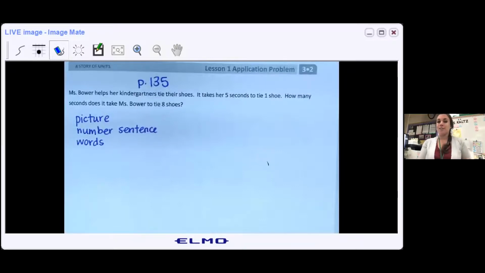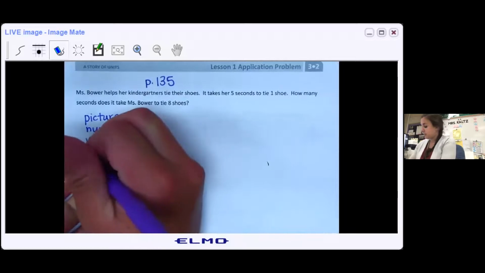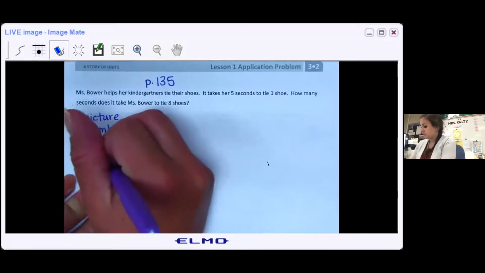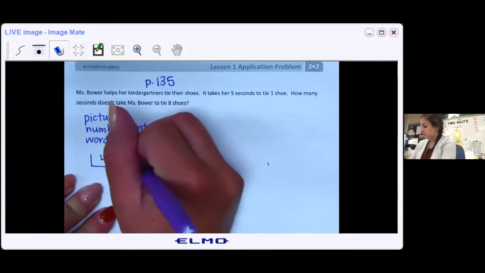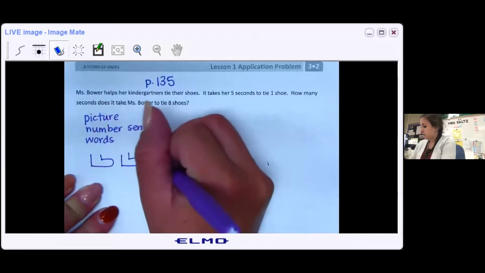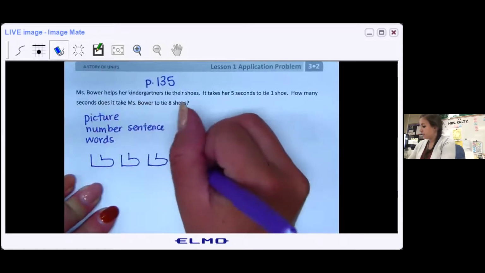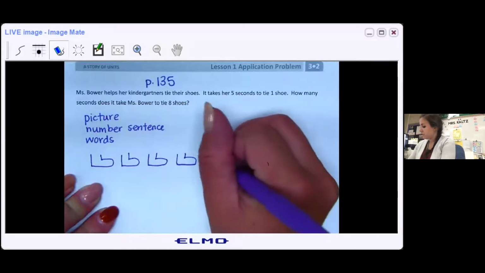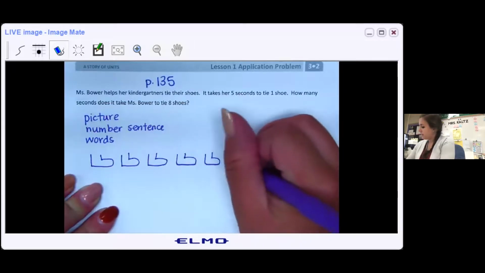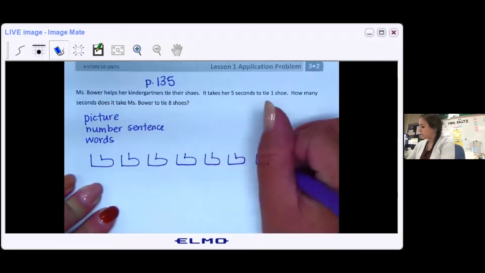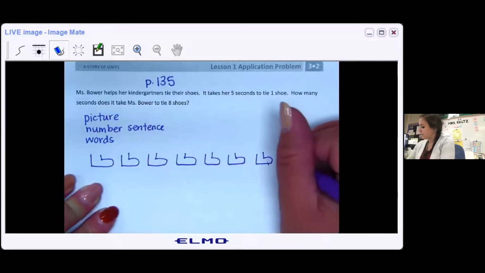Okay, thank you to my friends who did listen to me. And let's dive in. So some of you might have just drawn the shoes. You drew the 8 shoes of her kindergartners who need help. 5, 6, 7, 8.